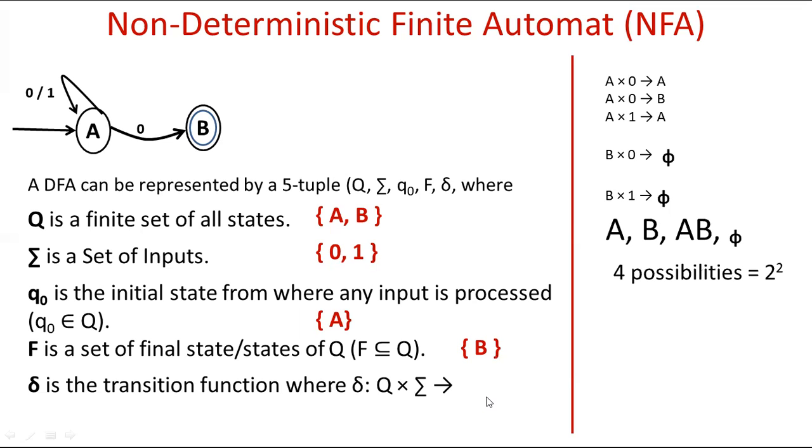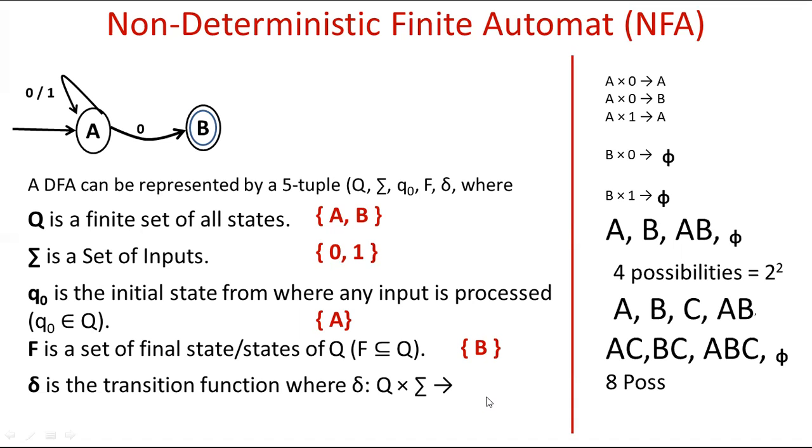Suppose if we considered one more state C, then the different possibilities are A, B, C, AB, AC, BC, ABC and phi. So here we have 8 possibilities. That is 2 cube possibilities. So 2 states we have 2 power 2 possibilities. 3 states we have 2 power 3 possibilities.